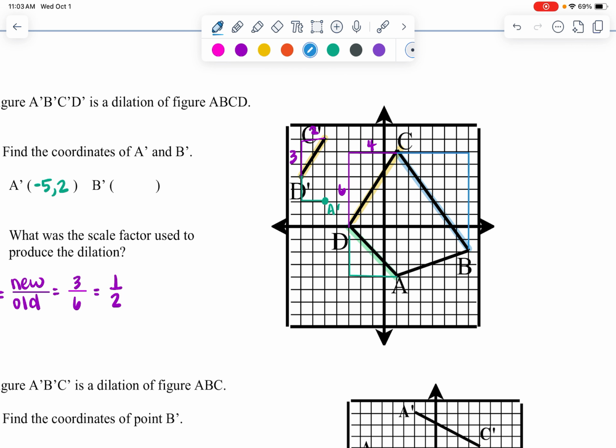So I went right 6 over 8. I'm going to cut those movements in half. So I'm only going to go right 3, down 4. And that should be my new location of B, which puts me at -2, 3.